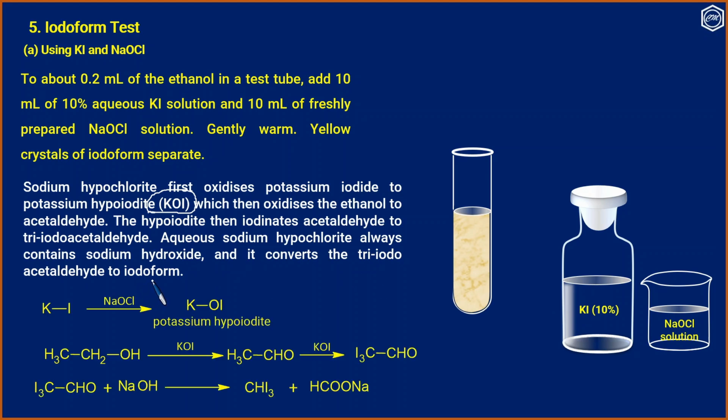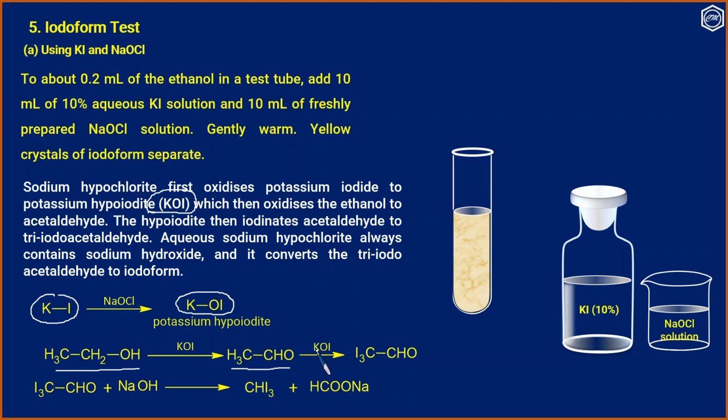Let us see the reactions. First, the potassium iodide, then this is sodium hypochlorite. It is converted to potassium hypoiodide. So if we take ethanol as an example, this potassium hypoiodide oxidizes ethanol to acetaldehyde first.